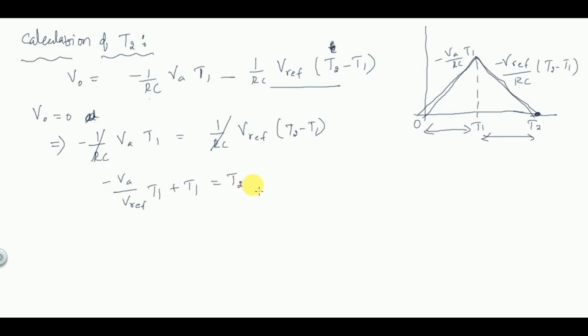So T2 is equal to, in order to avoid this, I'll take a minus because VA is negative, both are opposite signs, so totally this term will be positive only. So I'm taking a modulus over VA: VA by V reference plus 1, into T1.